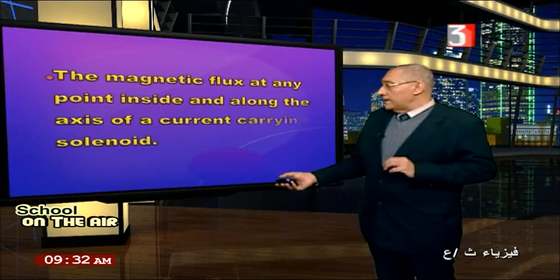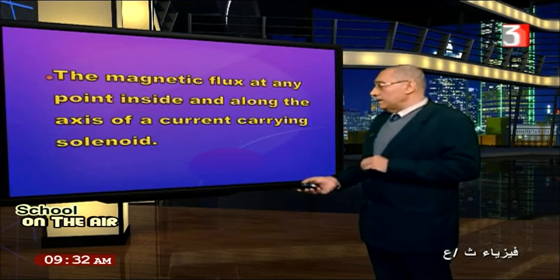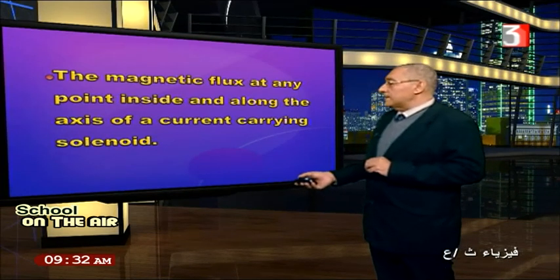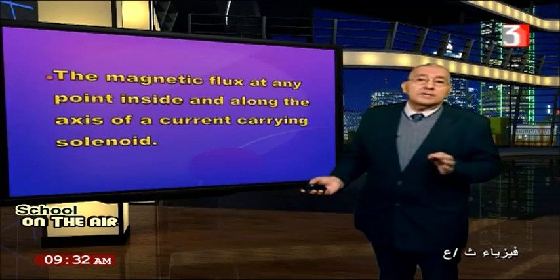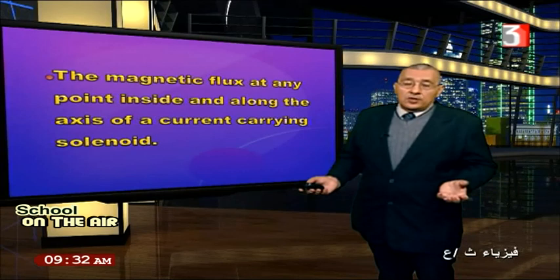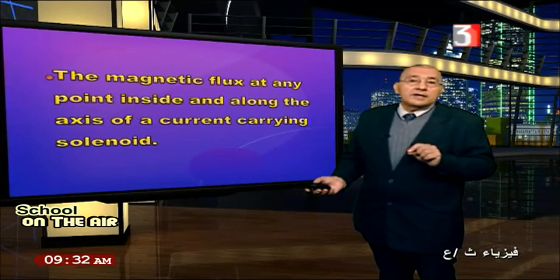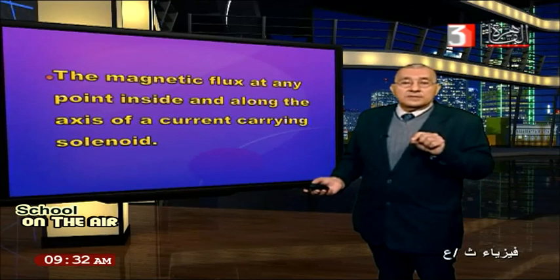Still talking about the same type of question. When does the magnetic flux at any point inside and along the axis of a current-carrying solenoid equal 0? We've got a solenoid that carries current, but the magnetic flux at a point inside it is equal to 0.